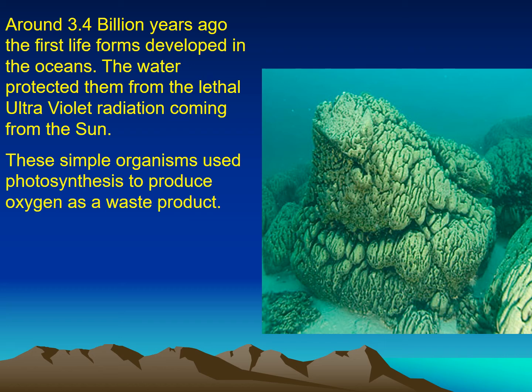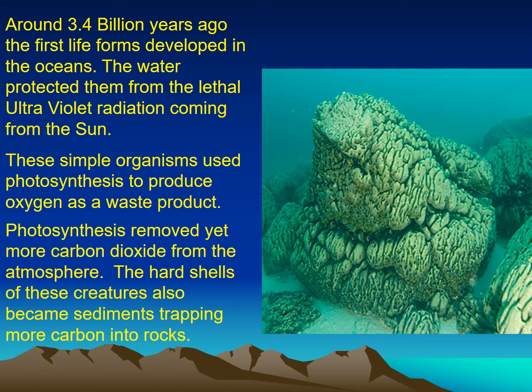And so these organisms started taking in some of that light and some of the carbon dioxide that dissolved in the oceans, and obviously water from the oceans, and then they produce oxygen and glucose.